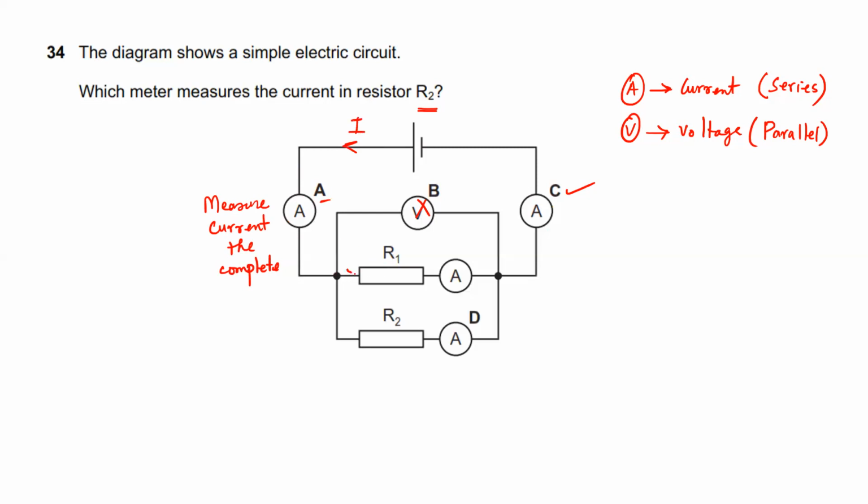Some current I1 divides into two, I1 and I2. I need to find I2, and I2 will be given by the ammeter that is in series with that current. So answer D is the best choice we have here.